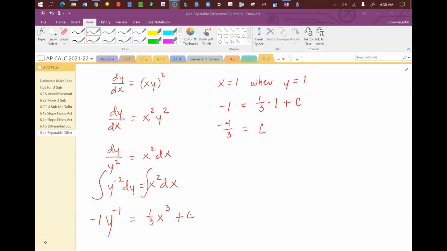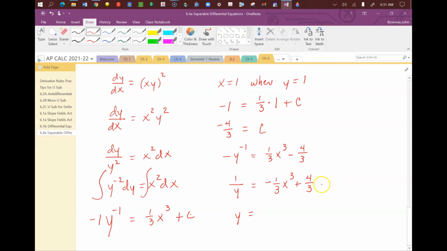So when we go back to find y from our solution, we have negative 1 y to the negative 1 is equal to 1/3 x cubed minus 4/3. And I would write this as 1 over y is equal to the opposite, distribute the negative on the right-hand side, 1/3 x cubed plus 4/3, and therefore y is going to be equal to the reciprocal of that.